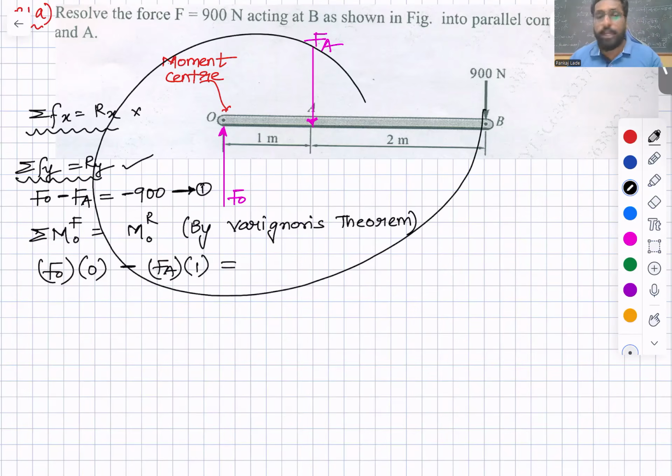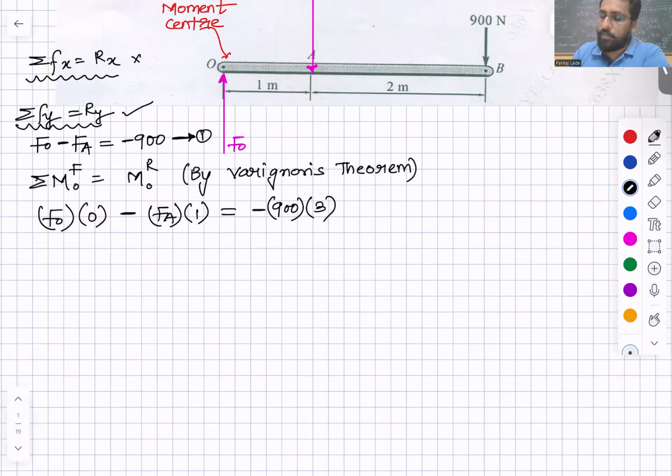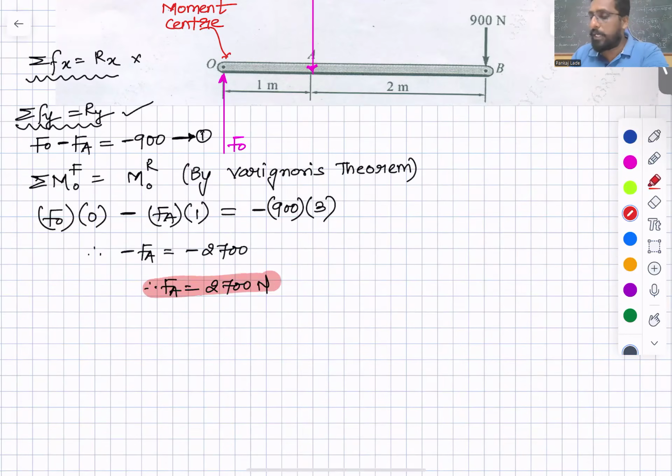तो 900 कैसा घूम रहा है? 900 न्यूटन भी क्लॉकवाइज डायरेक्शन में घूम रहा है with respect to point O. So minus of 900 multiplied with the total length is how much? 3 मीटर्स. ठीक है, तो अब यहां से मैंने अगर सिंप्लीफाई कर दिया, तो minus of FA is minus of 2700, और I can say FA is going to be 2700 न्यूटन. ठीक है, और देखो आंसर पॉजिटिव आया है. इसका मतलब जो डायरेक्शन मैंने चूज किया था वो सही डायरेक्शन है.